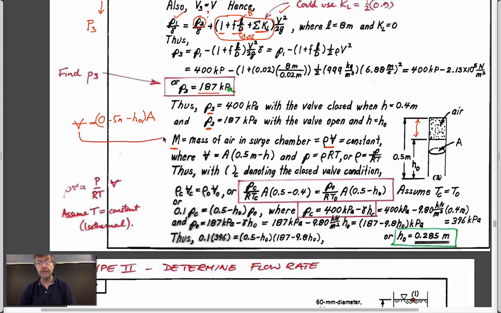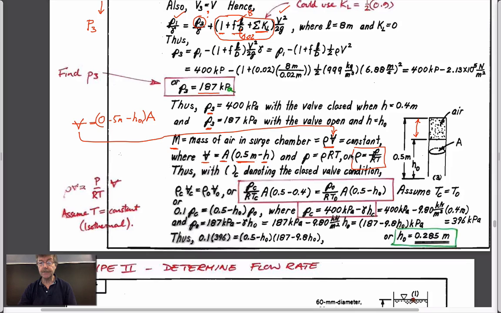So in other words, we have this expression here, which we could put into this. We have the volume here, which is equal to the cross-sectional area, the height of the whole surge chamber, minus the height of the water column. This is the amount of air that's in the system. We know from the ideal gas law that pressure is equal to density, gas constant, and temperature. And so we can divide both sides through by RT, and if we do that, we get density.